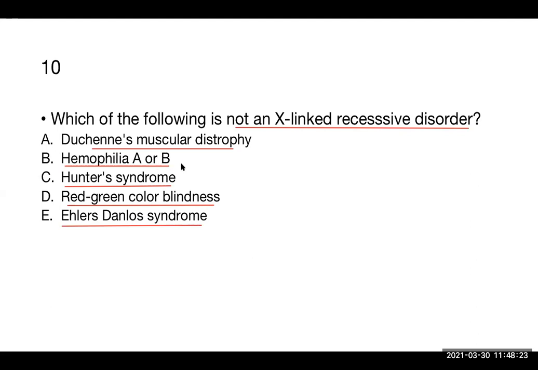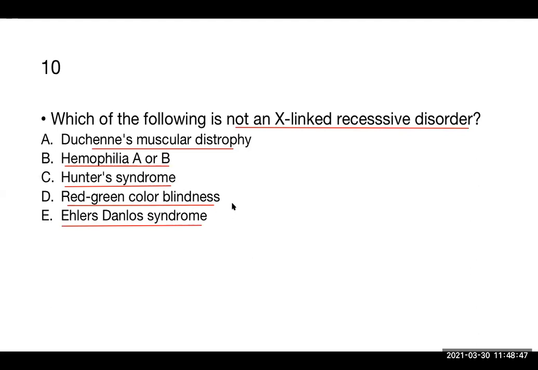Hemophilia A or B, no need of any explanation. These are the clotting disorders which occur because of factor 8 and factor 9 deficiency. Hunter syndrome is a type of mucopolysaccharidosis, where there is deposition of mucopolysaccharide-like substance in the different organs or tissues.